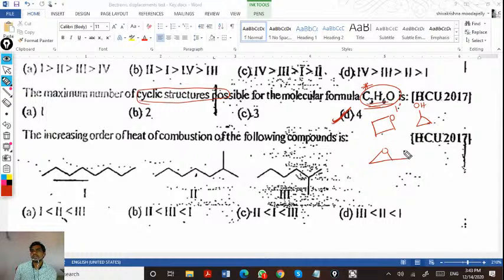Okay, so here I am giving the fourth possibility: it is the enantiomer of this compound, because this carbon is a chiral carbon, because it has four different groups. So another will be its mirror image.